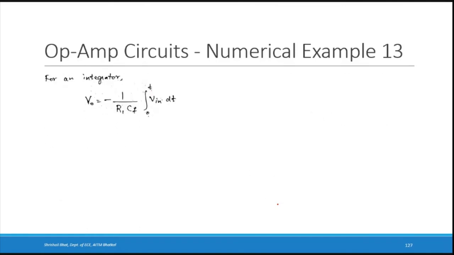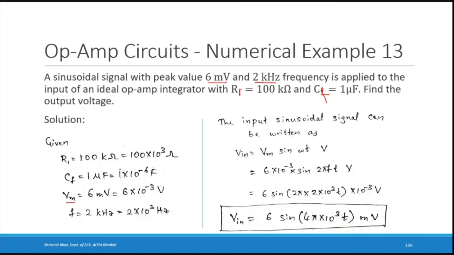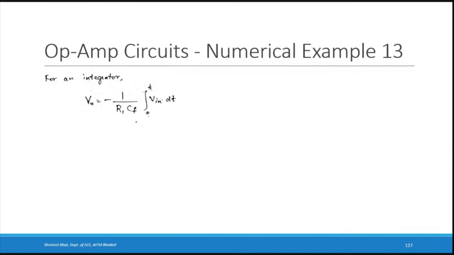And R1 and CF values are given. R1 is equal to 100 into 10 raised to 3, CF is 1 into 10 raised to minus 6. Substitute that, and Vin is 6 sine 4 pi into 10 raised to 3 t millivolts. This is integration with respect to t.